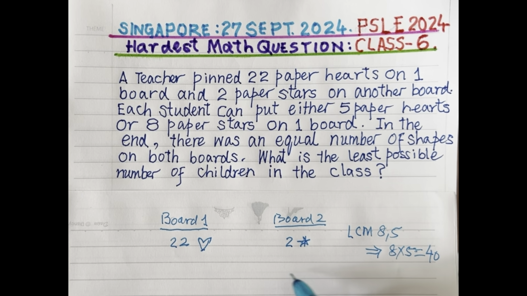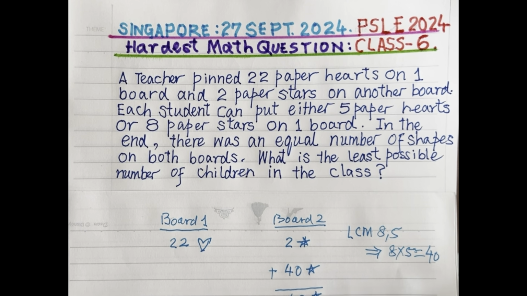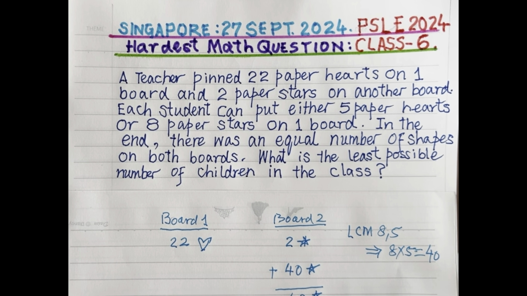So let's do that. We add 40 paper stars on board 2, which makes a total of 42 paper stars on board 2.